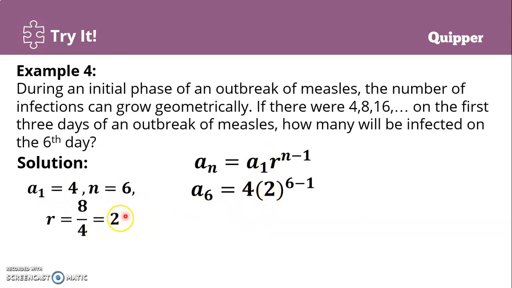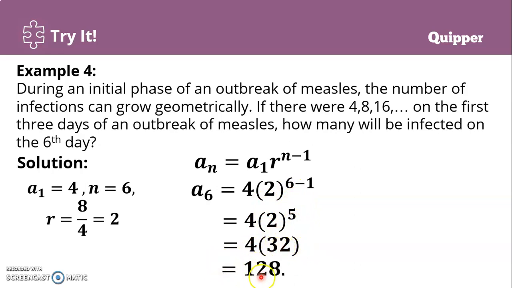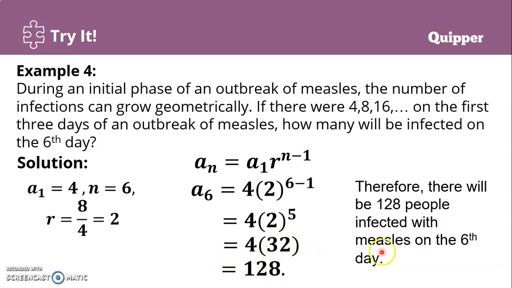Common ratio is 2. And then n is 6. So, 6 minus 1 is 5, and so we have 2 to the power of 5. That's 32. 32 times 4, so you have 128. Therefore, on day 6, there will be 128 people infected with measles.